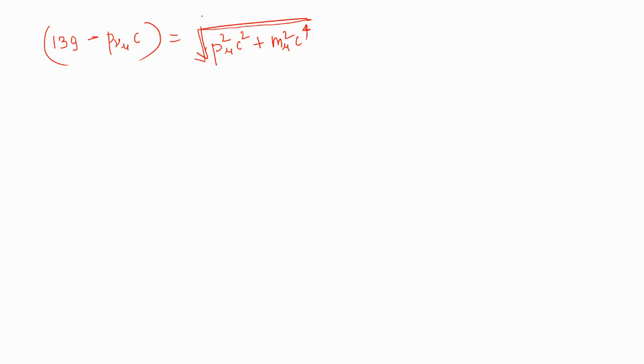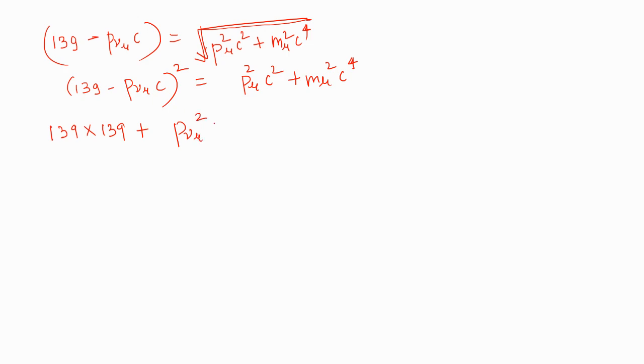If this is under the root, I am taking it to the left hand side. So it will be 139 − p_μ c, squared, equals p²_μ c² + m_μ²c⁴. This is just simple mathematics.